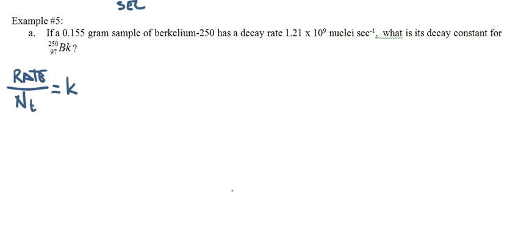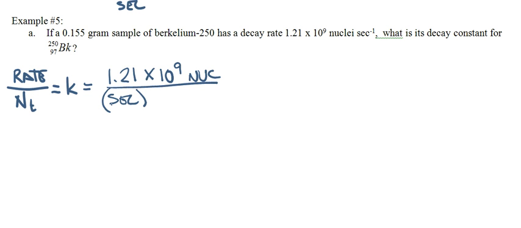We have our rate already that was given, and I think that's pretty typical when you will be given a rate. So 1.21 times 10 to the 9, and that's nuclei per second. And again, we always want our K to be some value over a unit of time. And we need to find out how many nuclei we have down here.